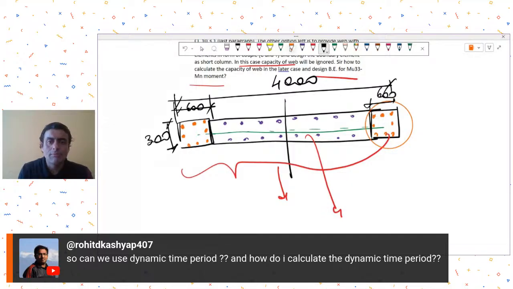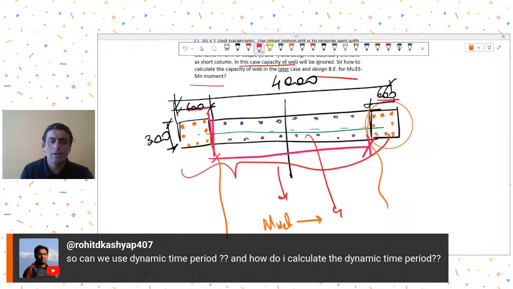So what you can simply do is that for the web portion, you calculate the M web. For M web, you consider the dimensions only from here to here. So what you do, this dimension will be how much? 4 meters minus 1200. So 2800 and 300. So for moment capacity of the web, only consider a cross section of 300 into 2800.